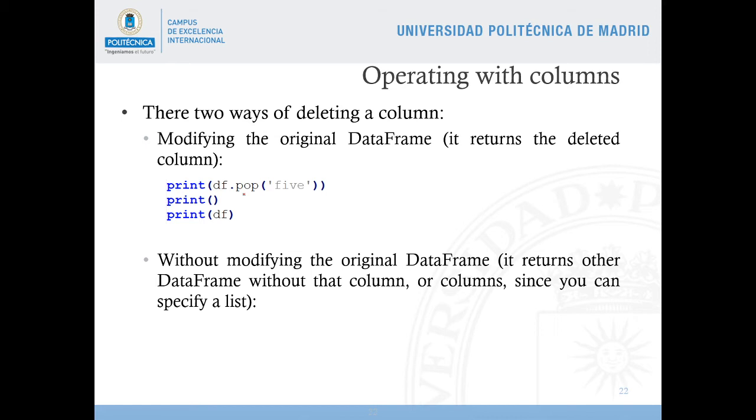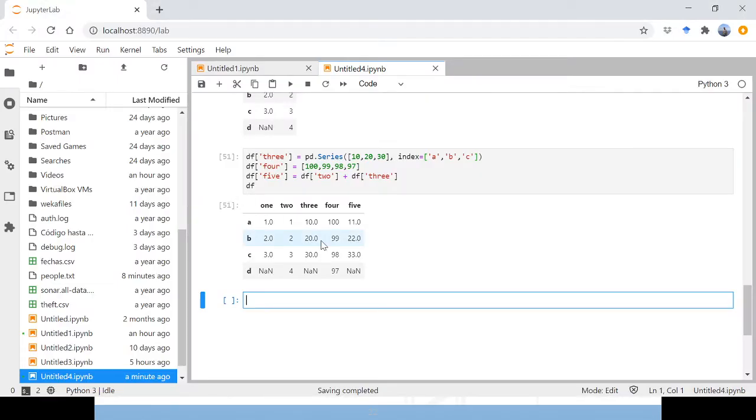Therefore, well, it's not exactly what is written in the slide, but we can do something like this. Column 5 equals data frame dot pop 5. This will remove this column from here, and it will be returned by the method, and we will store it here in column 5 variable.